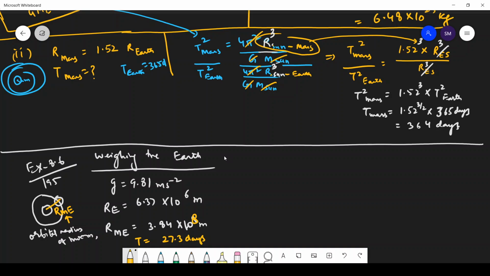So what do we have to find? We have to obtain the mass of Earth in two ways.